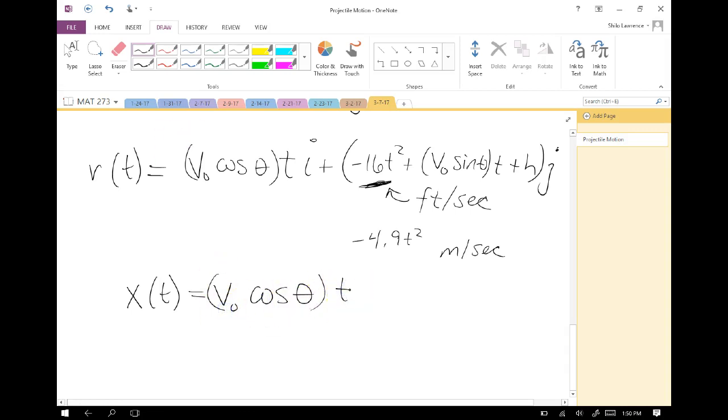And that might be easier to do. And what's happening vertically only deals with the y component, which is negative 16 t squared plus v sub 0 sine theta t plus h. And it might be easier to just work with that individually rather than working with them together written in a vector valued function.